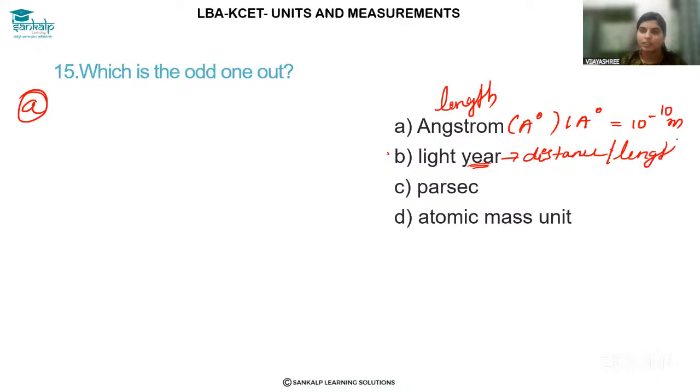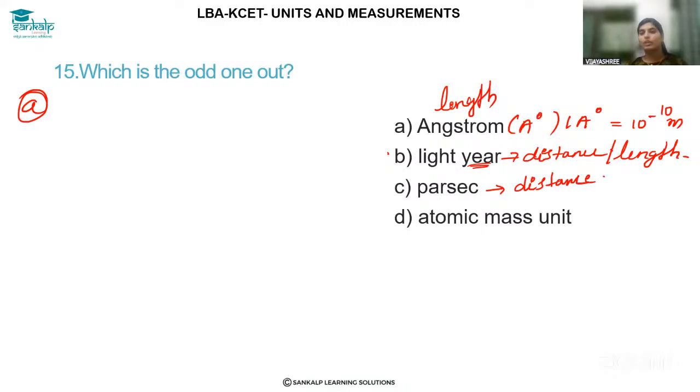ಓಕೆ ಪಾರ್ಸೆಕ್ ಅಂದ್ರೆ ಏನು ಹಾಗಿದ್ರೆ? What is parsec? Parsec is another astronomical unit of distance. Parsec also is a unit of distance only. It is just like light year.